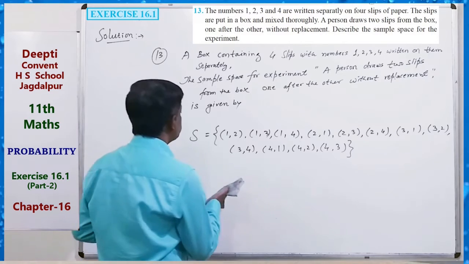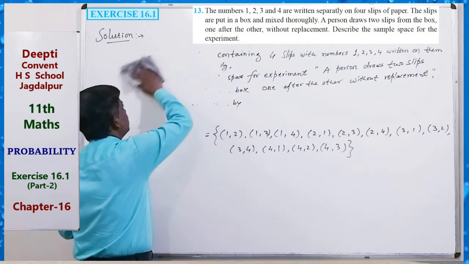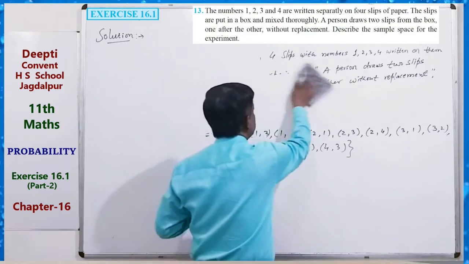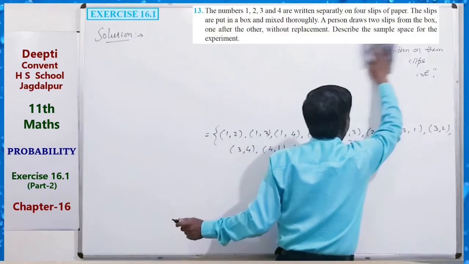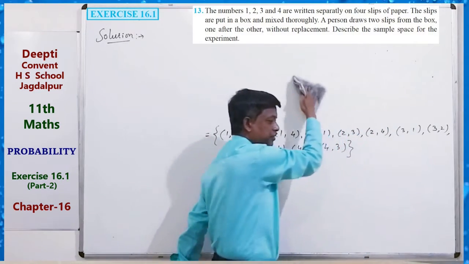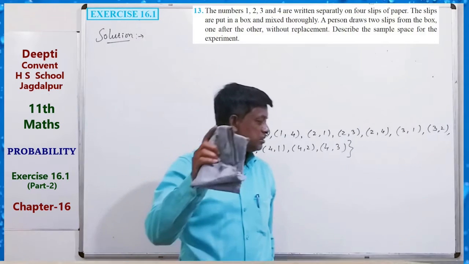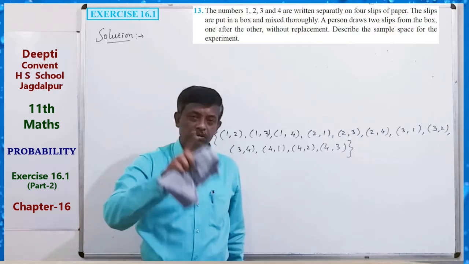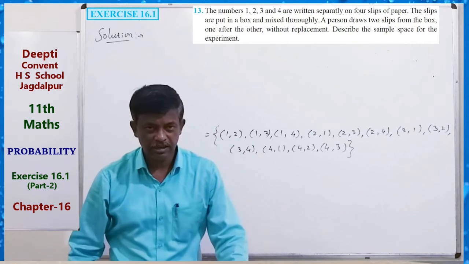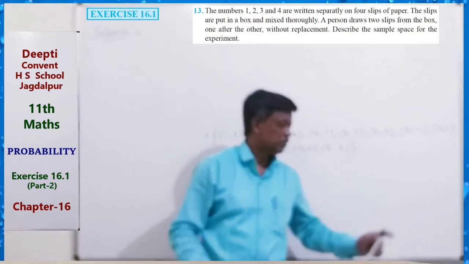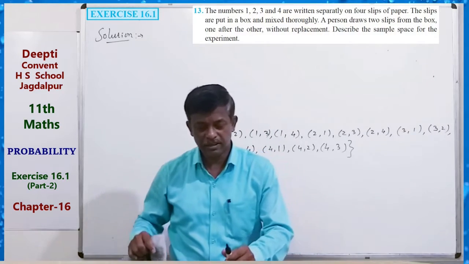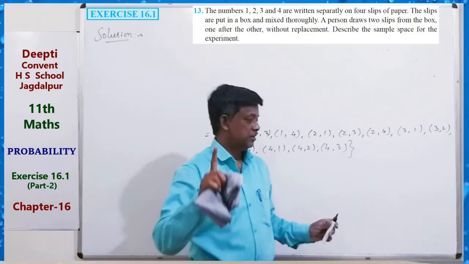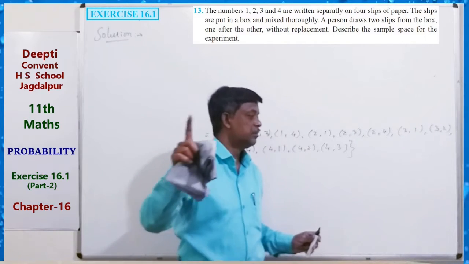Our experiment here is: rolling a die; if we get an even number, then we toss a coin once.